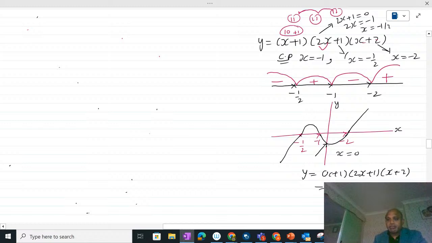If you put x equal to 0, it should be 1, and it should be 1 again, and it should be 2. Here x plus 1, x is 0, and it should be 2x plus 1. Yeah, I'm just correcting my work.